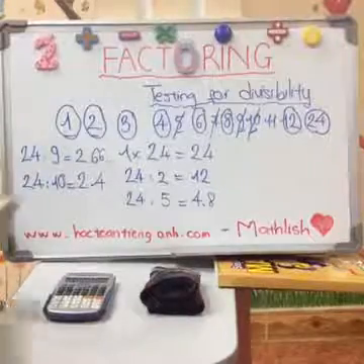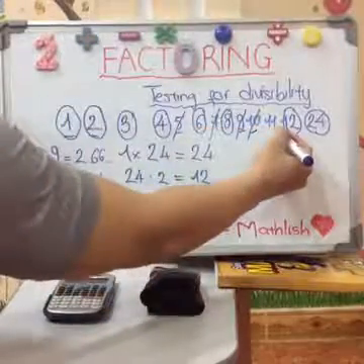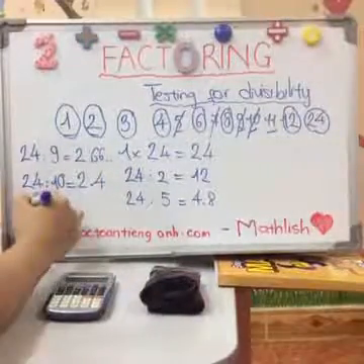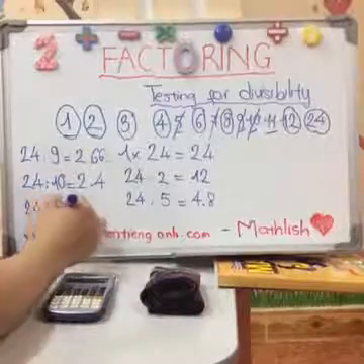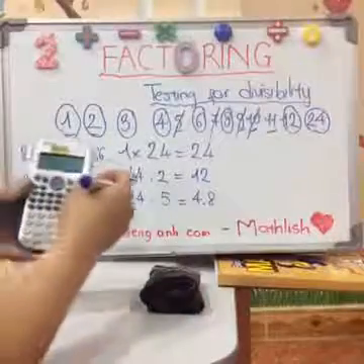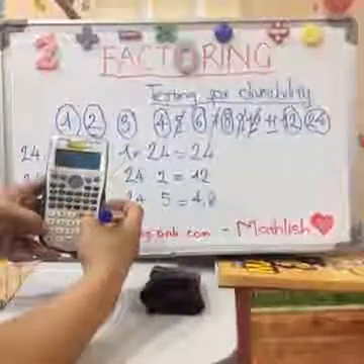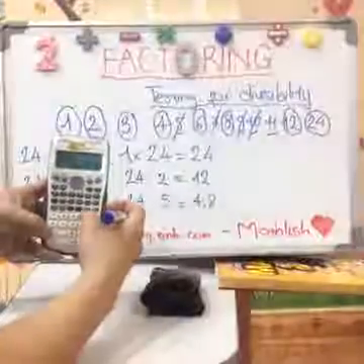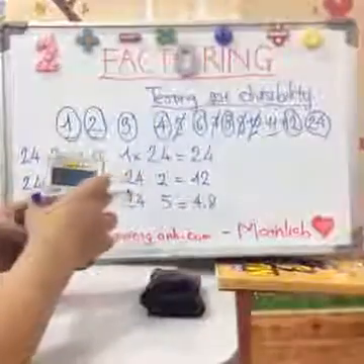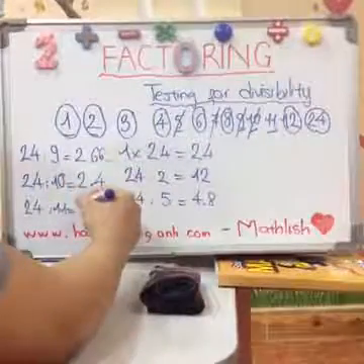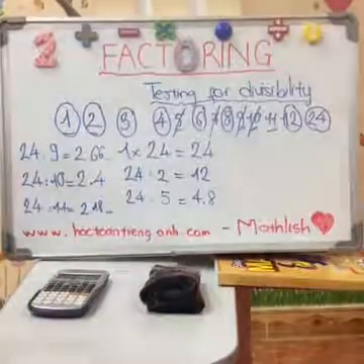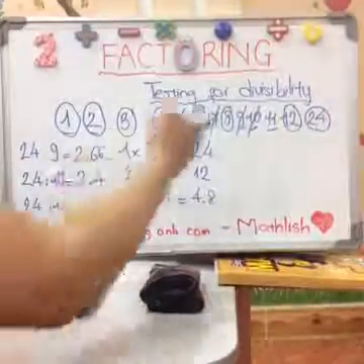It looks like the last one we have to try is 11. 24 divided by 11 equals 2.181818. That's not a factor either.